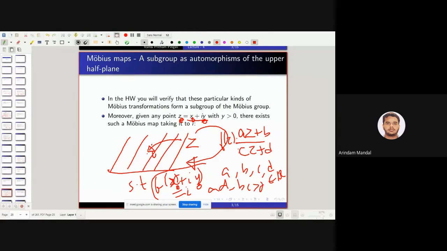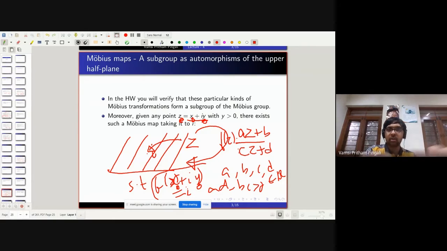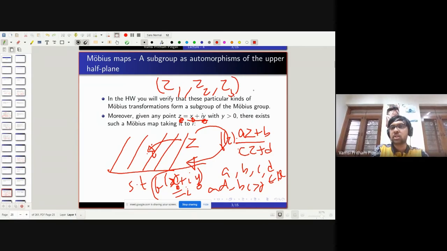In particular, I can take this one to i if I want to. So given 1 point, I can surely take it to i using a Mobius transformation. Then what is different about this result? I seem to be proving something even better, right? Not only can I take this point to i, I can take these two to other points simultaneously.